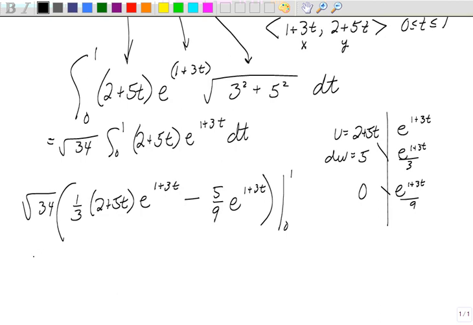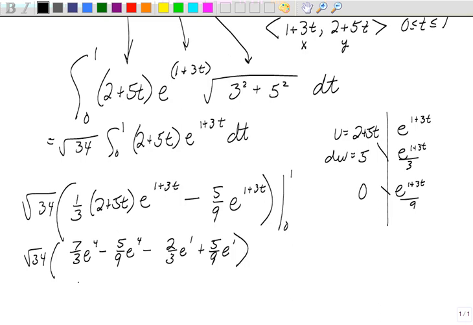So that gives us square root of 34 times 7/3 e to the 4th minus 5/9 e to the 4th minus 2/3 e to the 1 plus 5/9 e to the 1, which is square root of 34 times 16/9 e to the 4th minus 1/9 e, if you get common denominators.